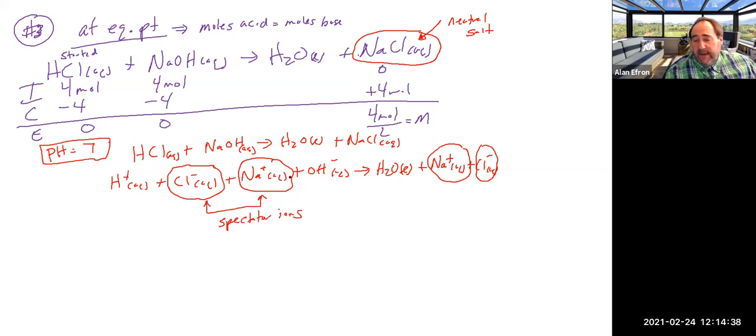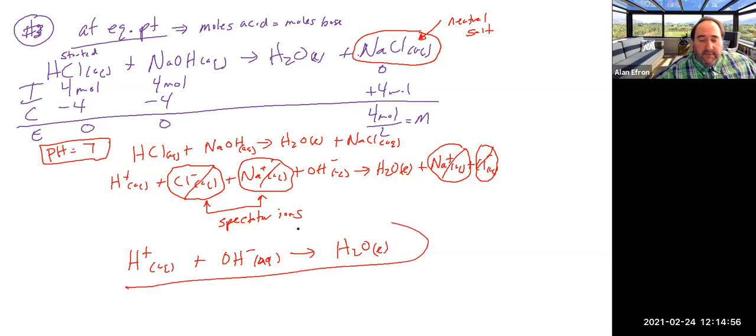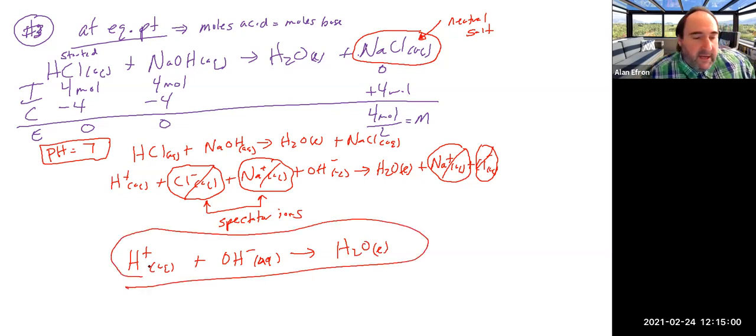These guys cancel out. And what we're left with is really the overall reaction whenever we take a strong acid and a strong base together. It really is the H plus from the acid coming together with the OH minus from the base to form our good friend water. And again, that's why it is sometimes referred to as an acid-base neutralization reaction.